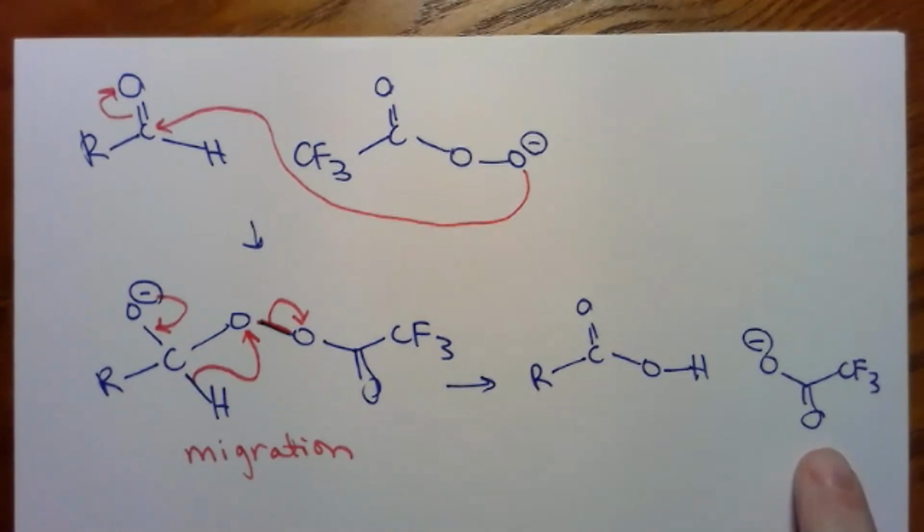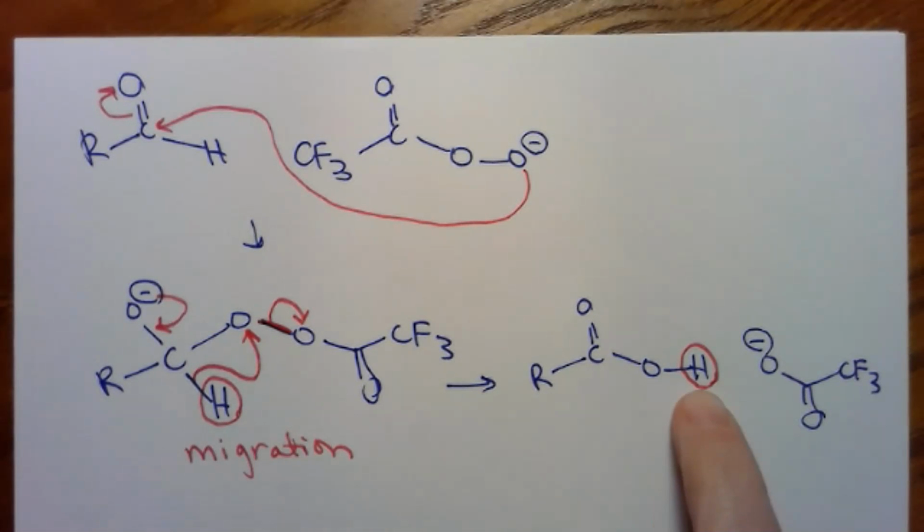So this carboxylate came from what was my peroxy acid. This hydrogen, we'll circle him in red. This hydrogen is this hydrogen. This hydrogen migrated and is no longer connected to the carbon. He is now connected to the oxygen.